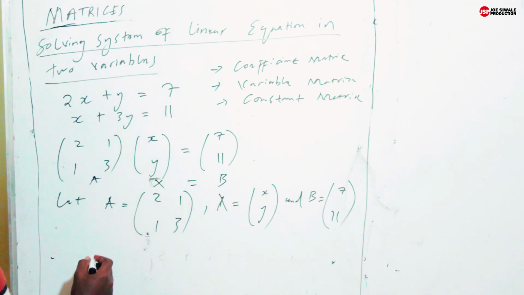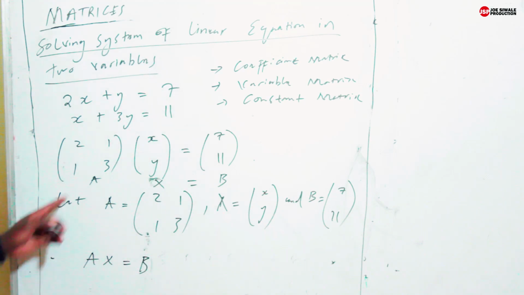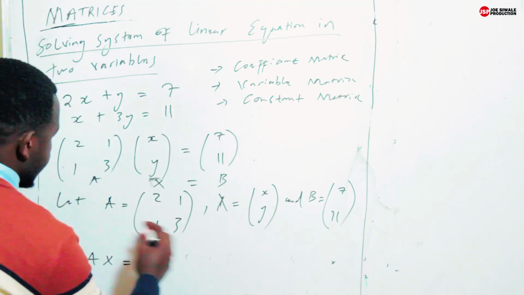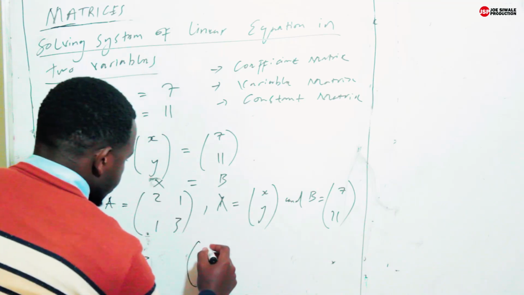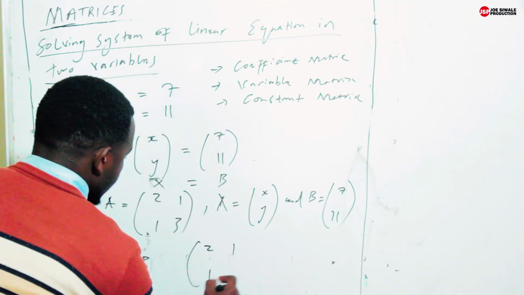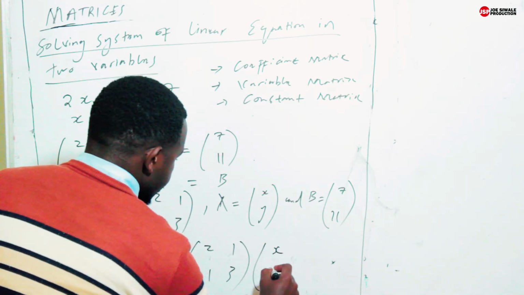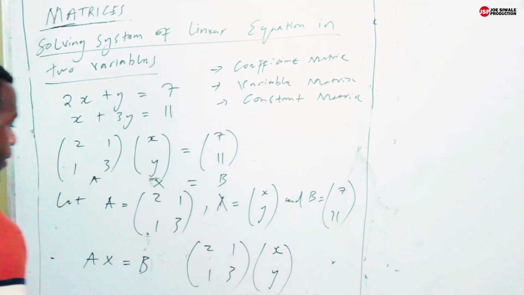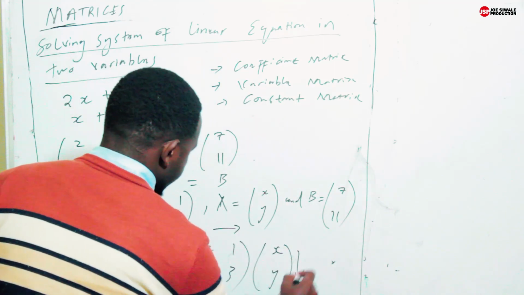So we're going to say AX is equal to B. And when we multiply AX, so let us multiply AX. So we have 2, 1, 1, 3, then we have x, y. So there we can see row by column.